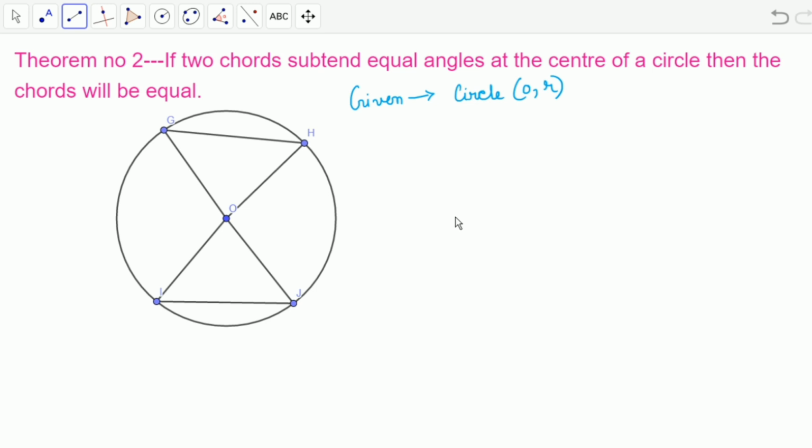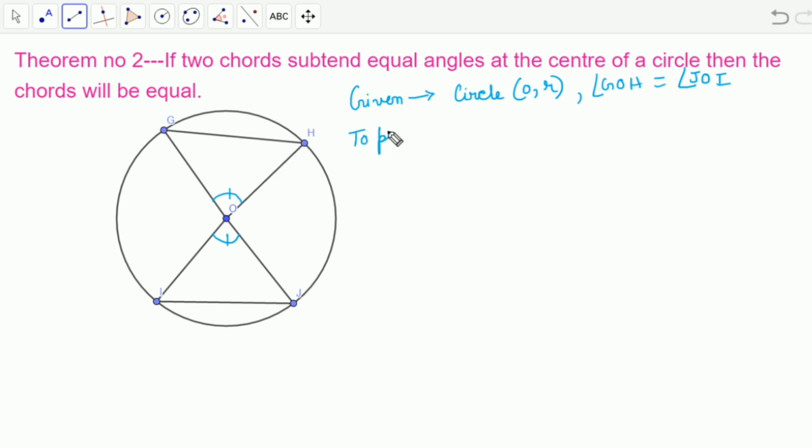That's what we have drawn, and it is given in the question that this angle and this angle are equal. These are equal. It is given. So angle GOH is equal to angle JOI, right?